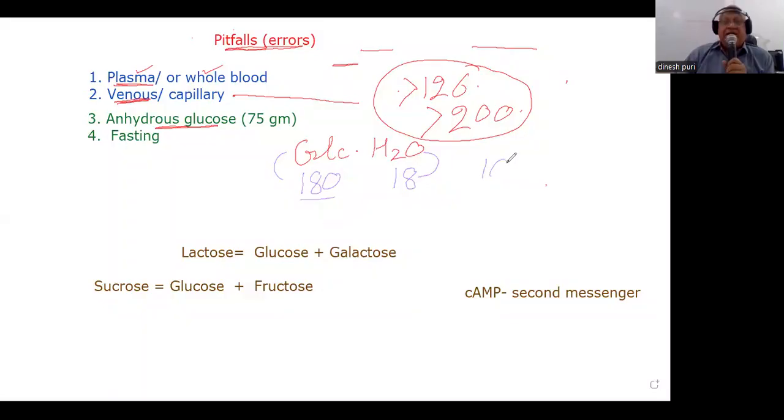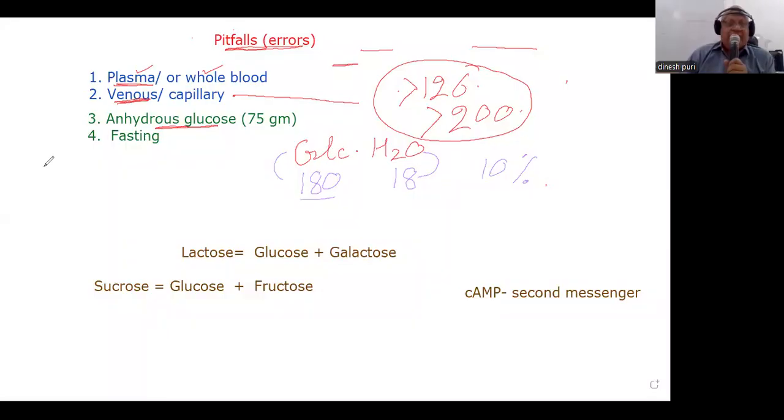So 10% is water only. If you give 75 grams of this hydrated glucose, effectively you are giving 67.5, so you have to subtract 7.5. You have to make a correction for this.